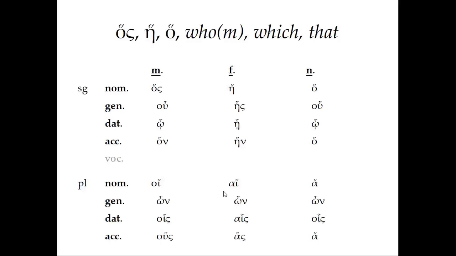Again, we drop the tau, we add the sigma in the nominative masculine singular, we give rough breathing marks as necessary, and then we add accents where they do not already exist. And that gives us hos, he, ha, who or whom, which, or that.